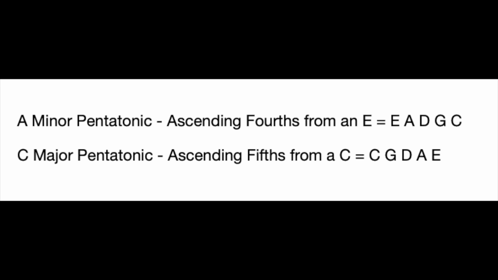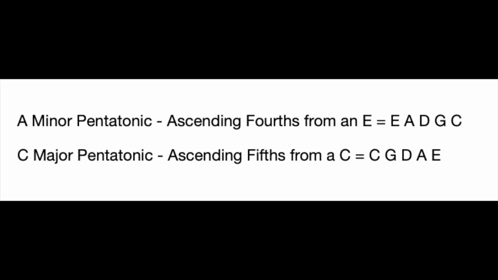The way you would do that is you would start on an E, and you could spell E, A, D, G, and a C. So with that kind of spelling, we can get this really cool A minor pentatonic scale.